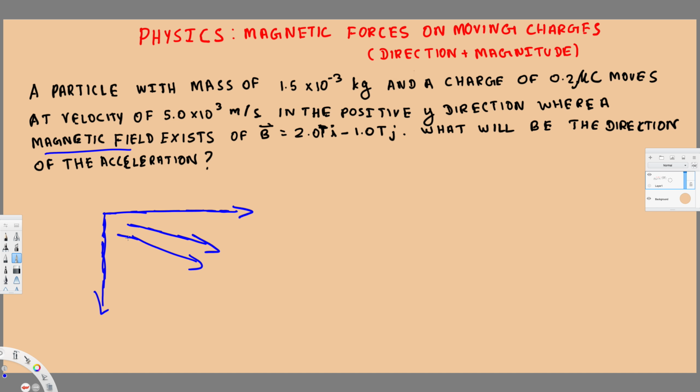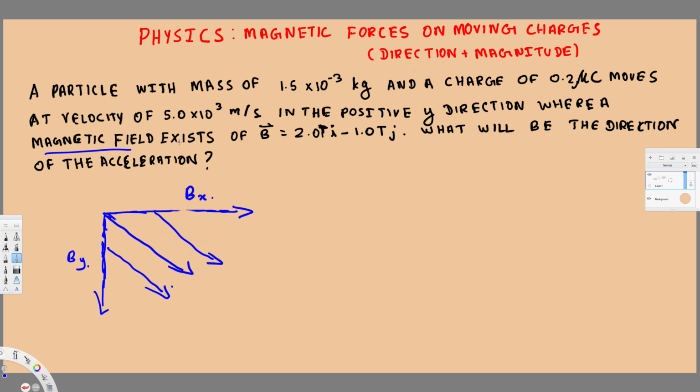If we draw it, maybe it's like this. So it's going to go like this. Now we have the direction of this one, and we know this is the x component of this one. This is going to be the y component, right?